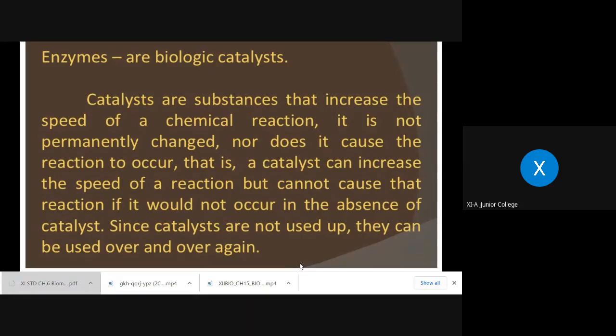It doesn't take part in the reaction, and it cannot be the cause of a reaction that would not occur in the absence of the catalyst. Since catalysts are not used up, they can be used over and over again. Once the role is over, they can be used again, so enzymes can be used again and again as biocatalysts.